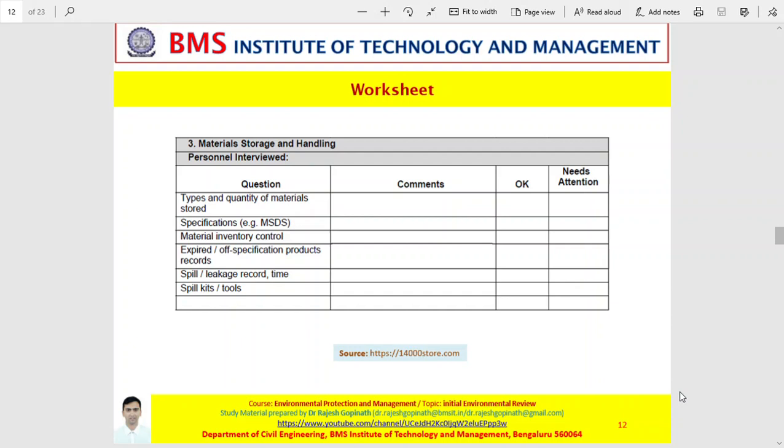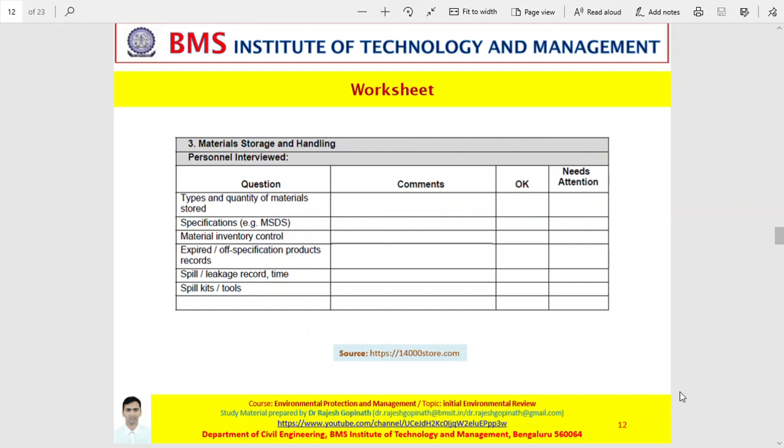It speaks about details with respect to the types and quantity of materials which have been stored. That is, the list of chemicals which are being engaged in the organization. What are those specifications? Is there an inventory control procedure with respect to these materials? Is there a record with respect to expired products or expired chemicals?